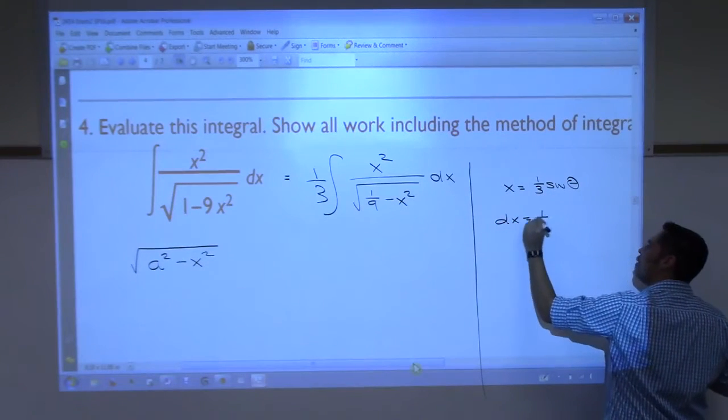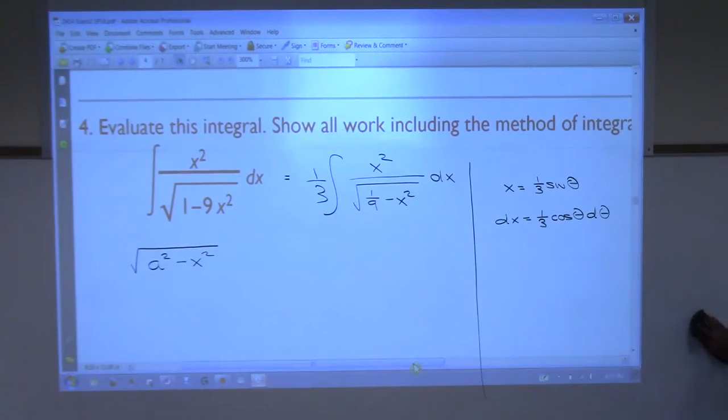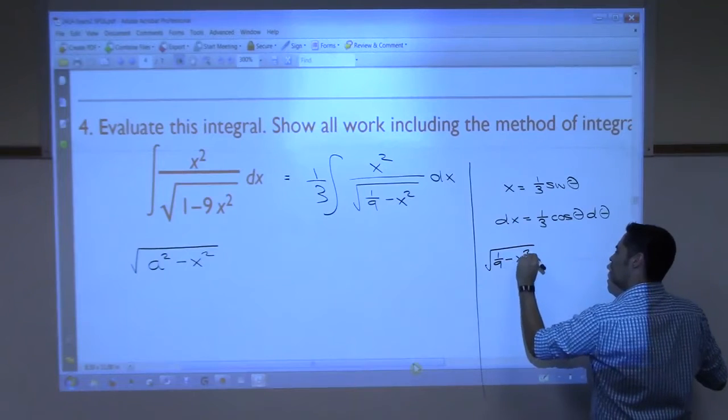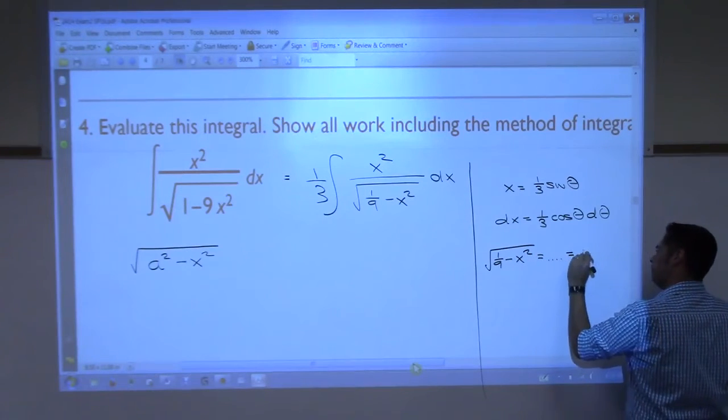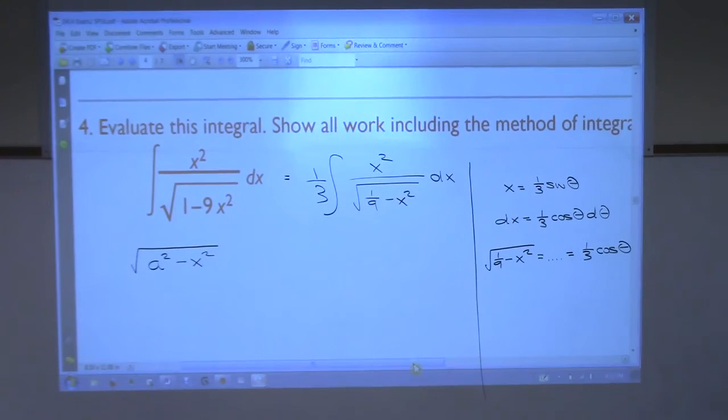Derivative comes next, 1/3 cosine theta d theta. And then you have to figure out what the root part is, right? And I'm just going to save us some time. Equals 1/3 cosine theta. Those are your 3 pieces that you need. Okay?